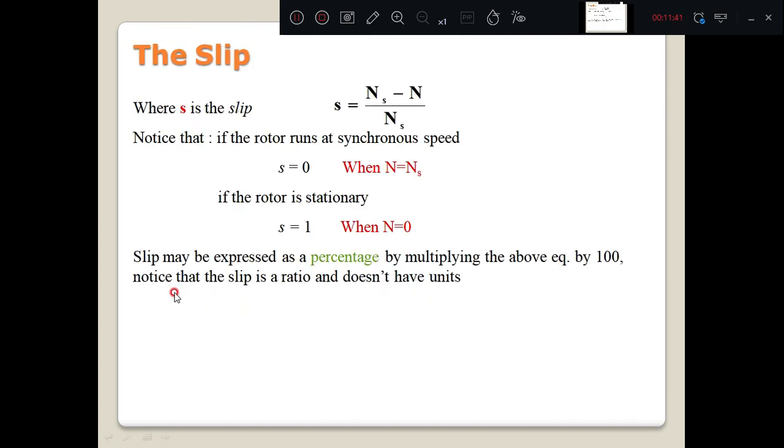Then we define the slip. The slip is very simply the ratio of slip speed to the synchronous speed, because we are expressing the slip speed with reference to the synchronous speed. The slip is equal to (ns minus n) divided by ns, called the fractional slip. If you want the slip as a percentage, just multiply by 100.